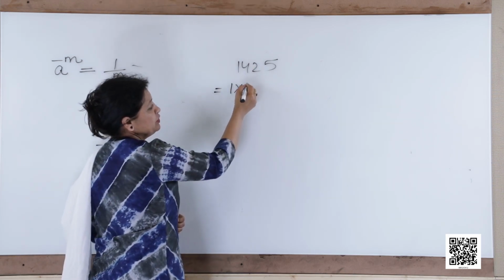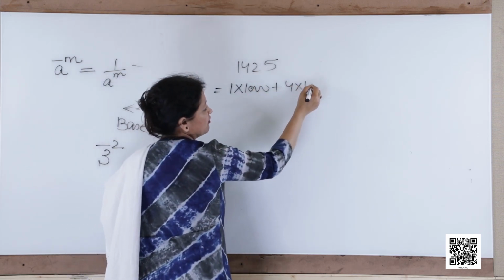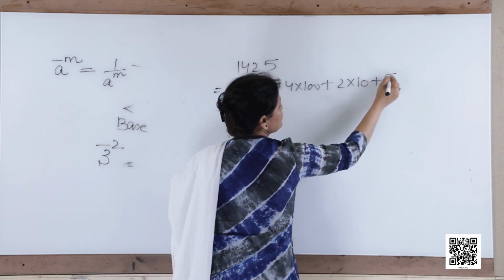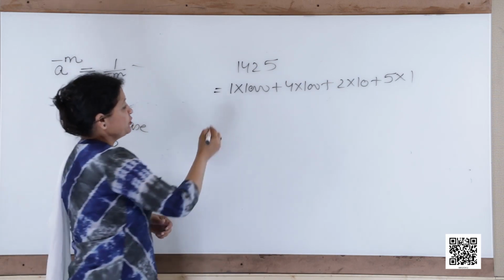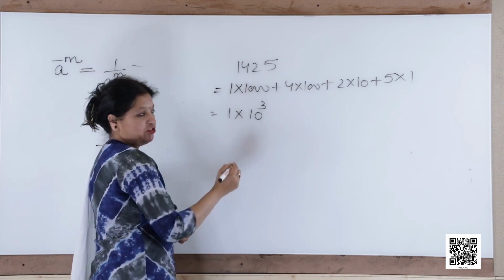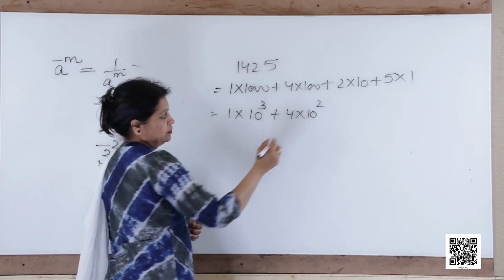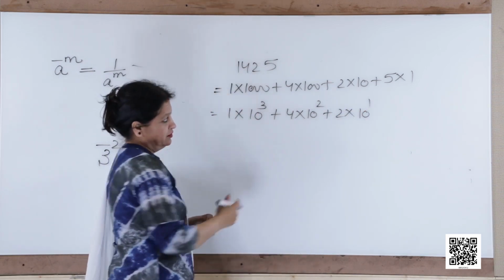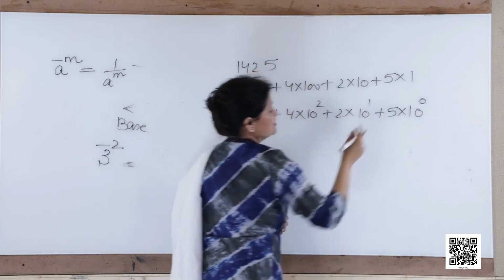It is 1 into 1000 plus 4 into 100 plus 2 into 10 plus 5 into 1. So if we have to write it in the form of exponents, 1000 means 10 raised to the power 3, 100 means 10 raised to the power 2, 10 means 10 raised to the power 1, and 1 means 10 raised to the power 0.